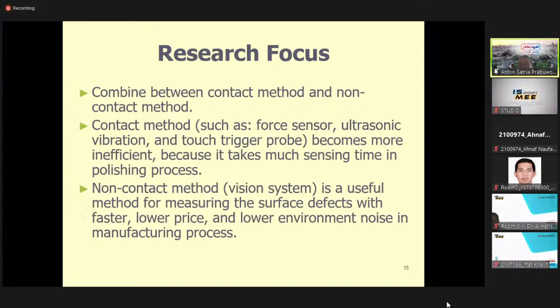For the non-contact method, we use a vision system to measure the surface defect, and it is faster. We can reduce the time duration, and with the certain decision we can reduce the cost of the process as well.